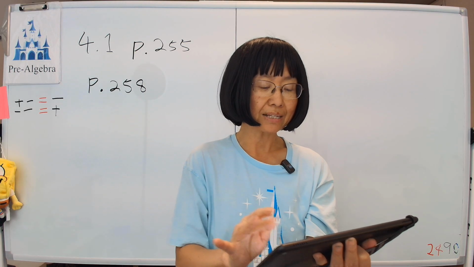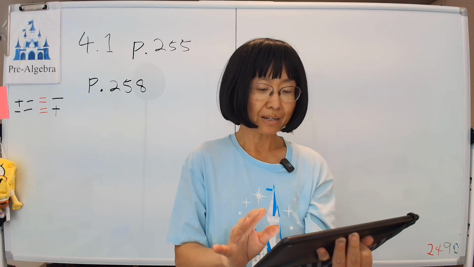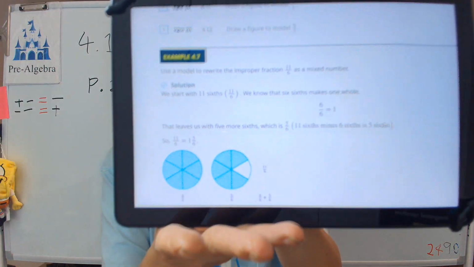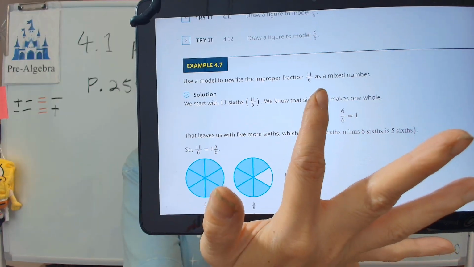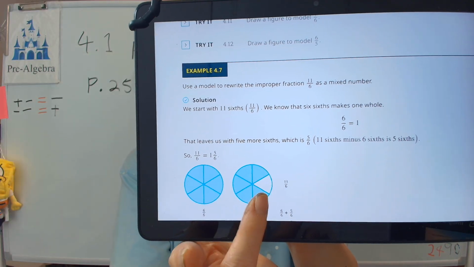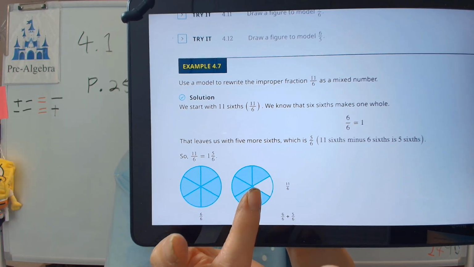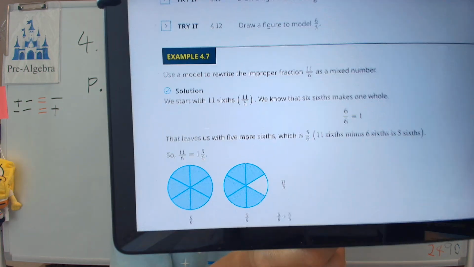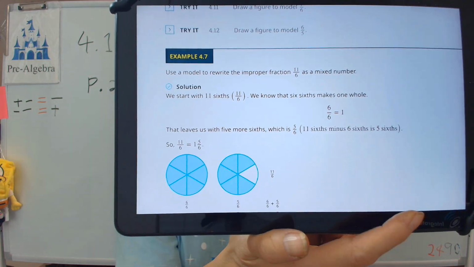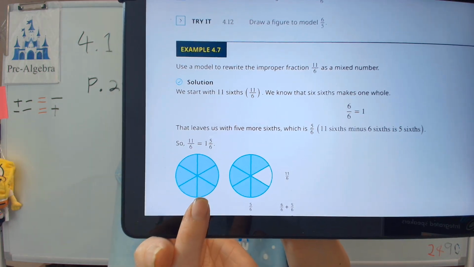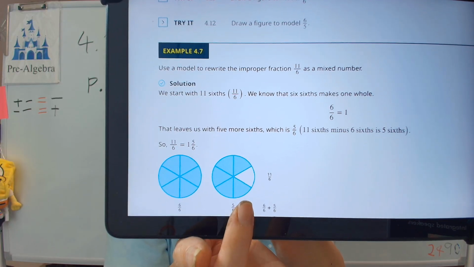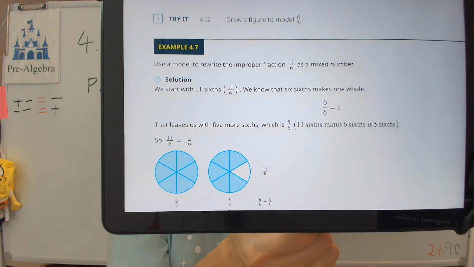Next, let's look at example 4.7. Now, if you have, say, 11/6, that's a fraction where you have 11 pieces of pie. Each piece is 1/6 of a pie. So if you write it as a mixed number, you notice that 6 of them will make a whole pie. So you have 1 here. And then what's left will be 11 minus 6.